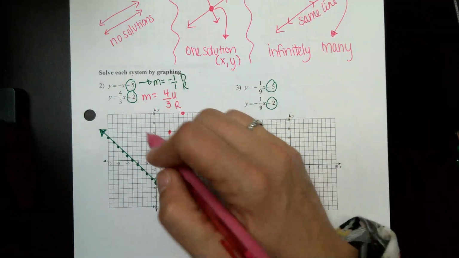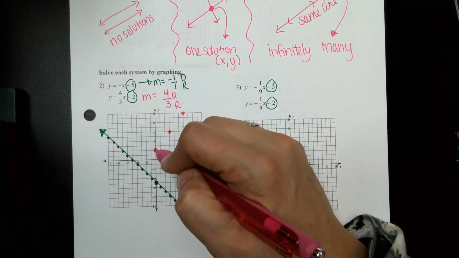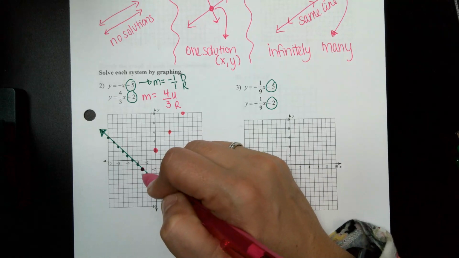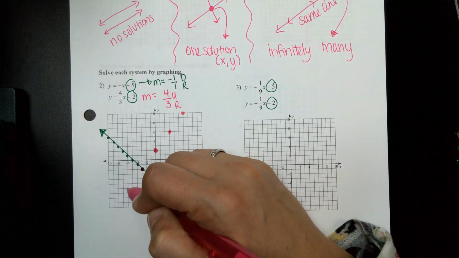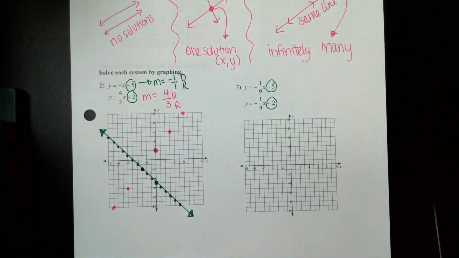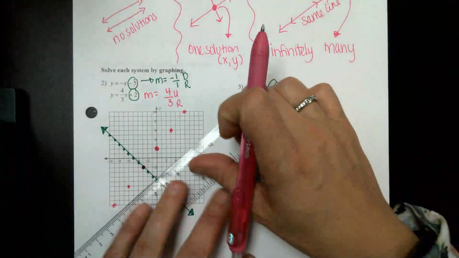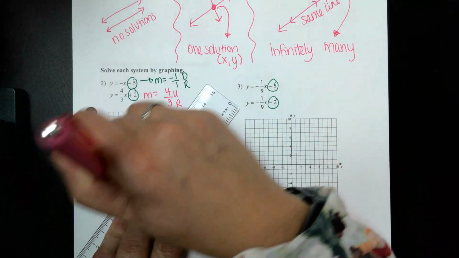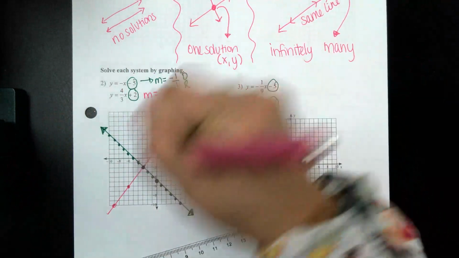So again, it's important that you guys go the opposite direction. I'm going to go down 4, left 3, and then you can see that's where they're going to cross. But I kept going, because you always want to make sure that your line extends edge to edge. That just makes it a lot more accurate.